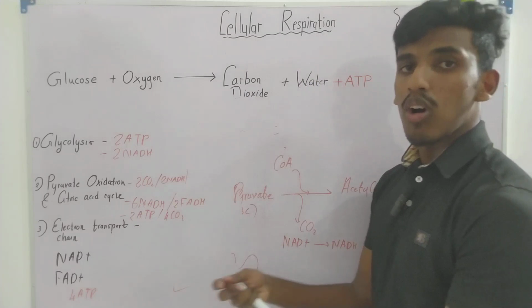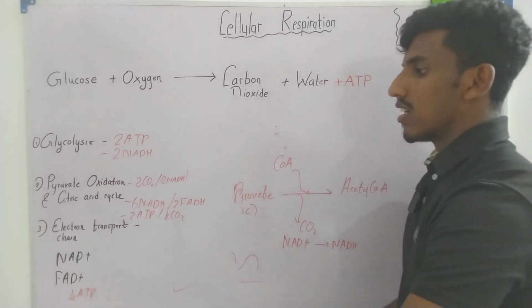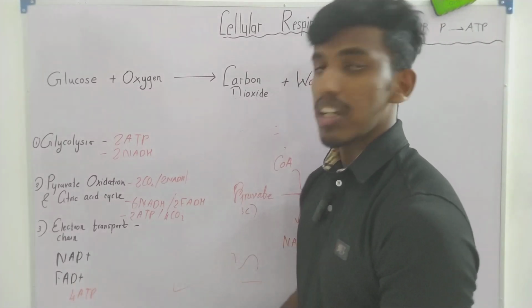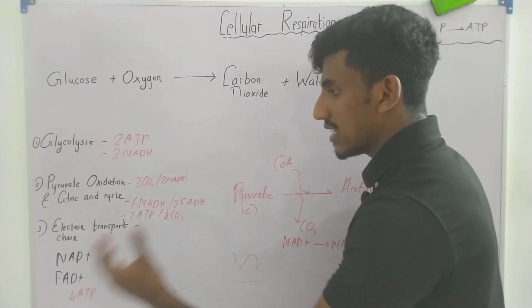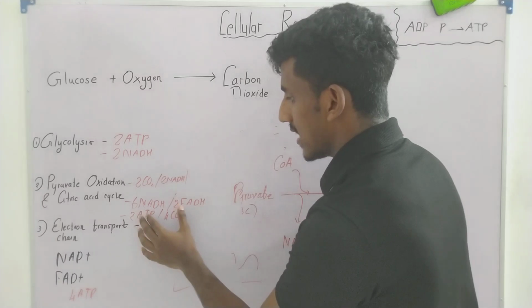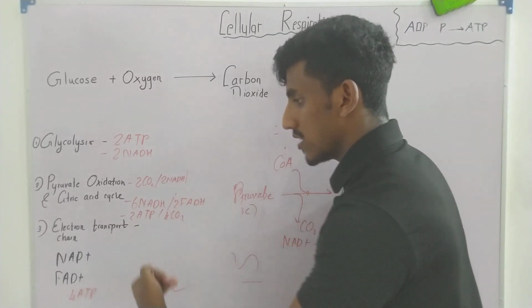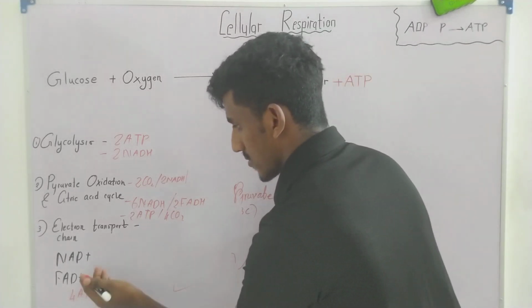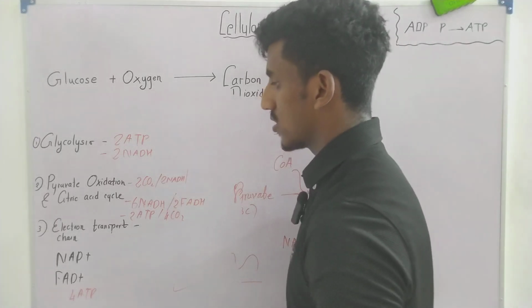That is what occurs in the electron transport chain. This is a very long process, so I am not going into details about this process in this video. In summary, these NADH and FADH are used to produce ATP. How? These NADH and FADH will give out their electrons, right?